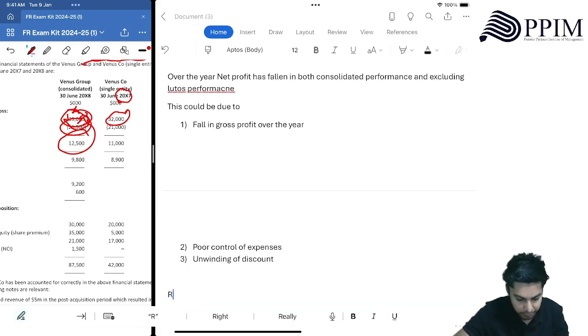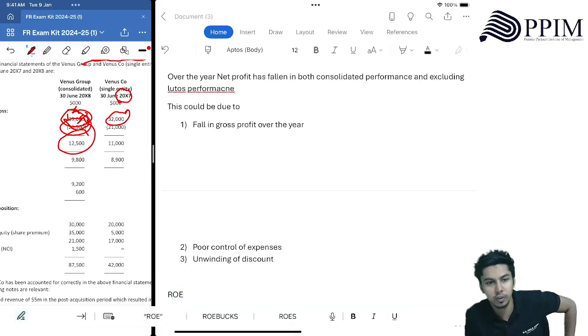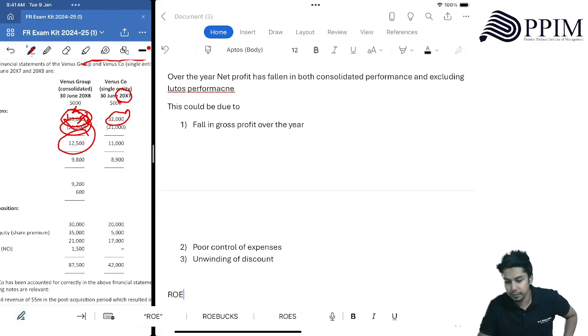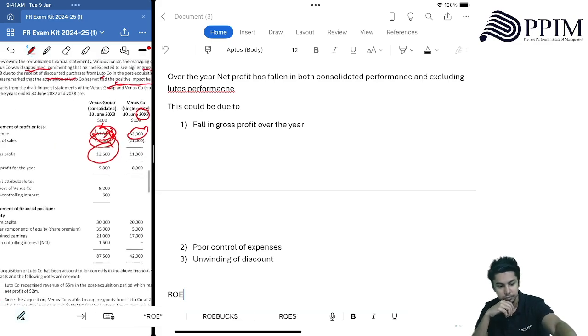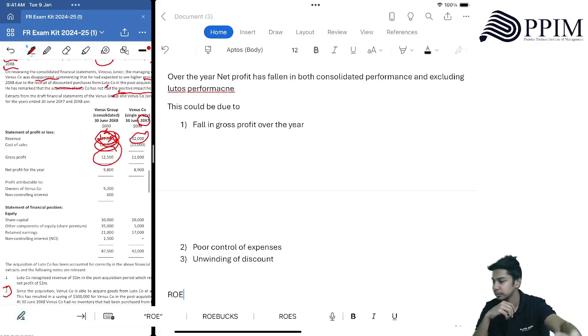Can you guys tell me two reasons on why return on equity has fallen when compared to the last year? Yes, very good, Daniel.